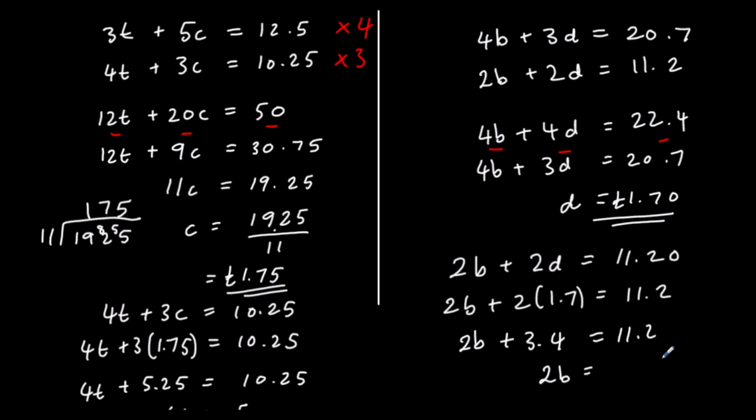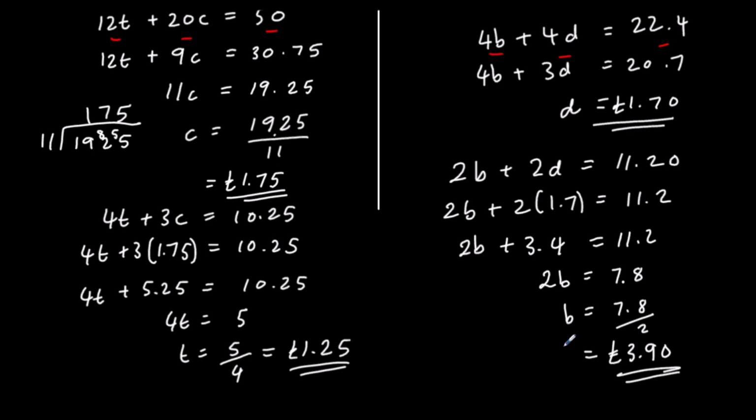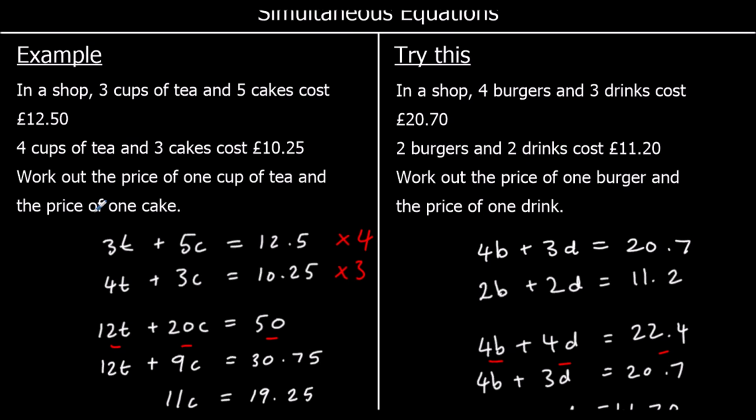Take away 3 would be £8.20, and then take away 40p from £8.20 is £7.80. And divide both sides by 2. So half of £7.80 is £3.90. So a drink is £1.70 and a burger is £3.90. And again, you can check that in the other equation to make sure you've got it right.